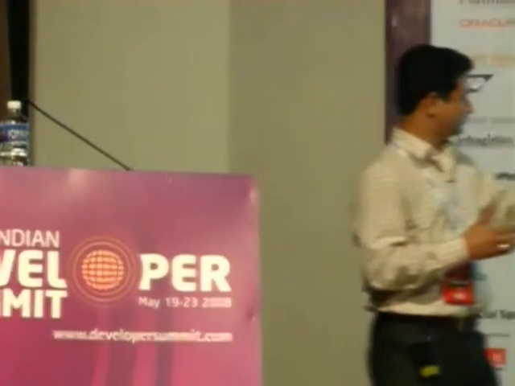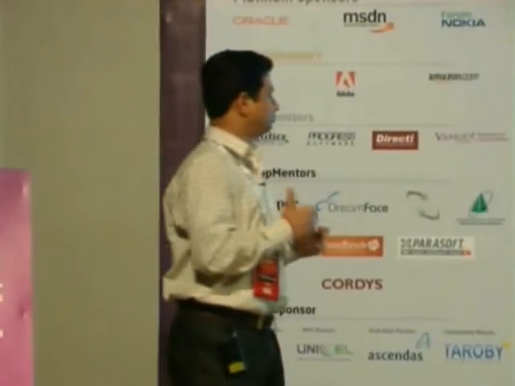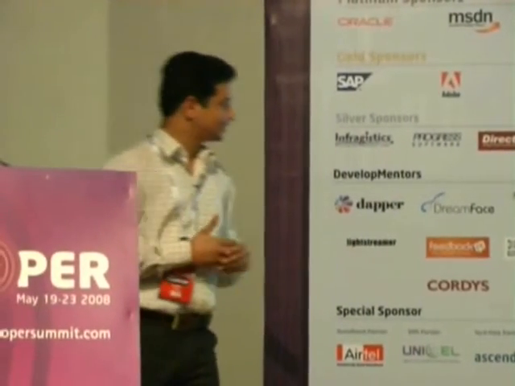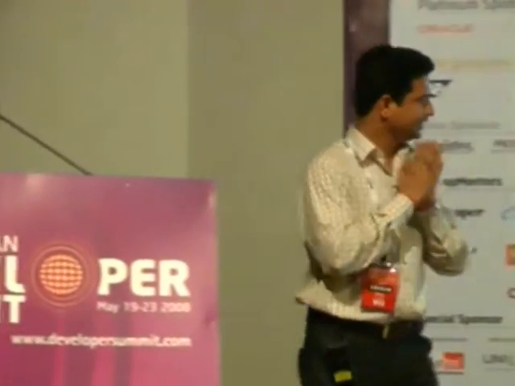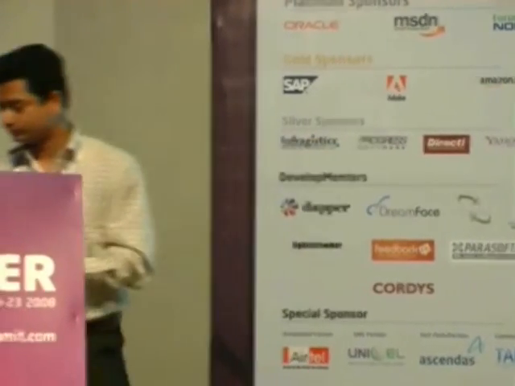Okay, so this is again coming back to JSR 77, J2EE management. Whenever you have an EJB or a JMX kind of application, you automatically get lots of management features inbuilt, and what you need to do is just tap into that and get information which would be useful for you.